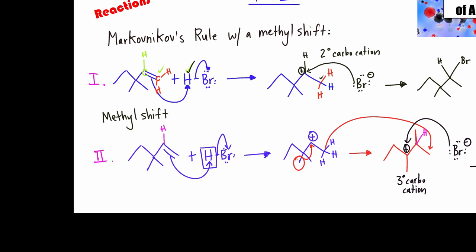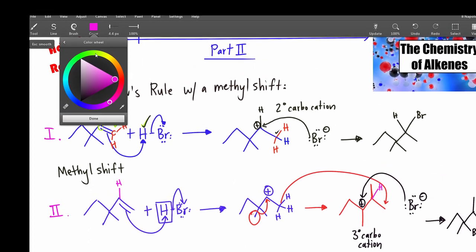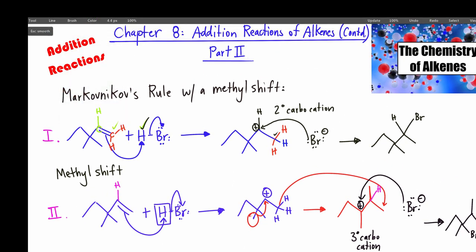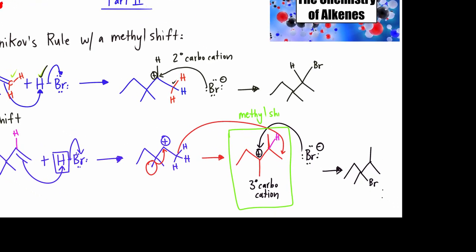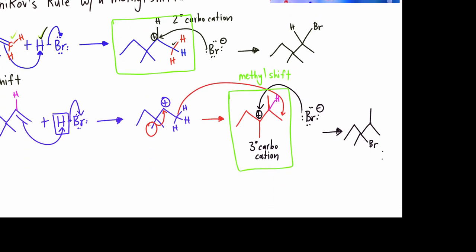Okay, since this tertiary carbocation was formed from the methyl shift, and here there was no methyl shift that gave us a secondary carbocation, this product is going to be more favored.